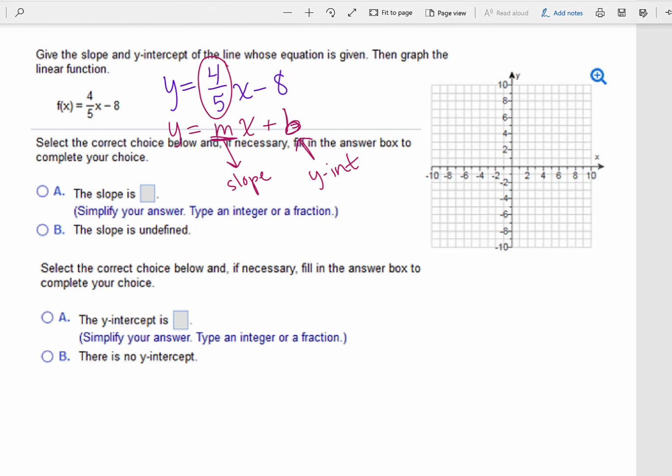That's a common mistake that people will say, oh, my slope is 4/5 x. It's just the coefficient. So 4/5 is my slope. And then make sure you take the sign with you. -8 is my y-intercept. Okay, so the slope is 4/5 and the y-intercept is -8.